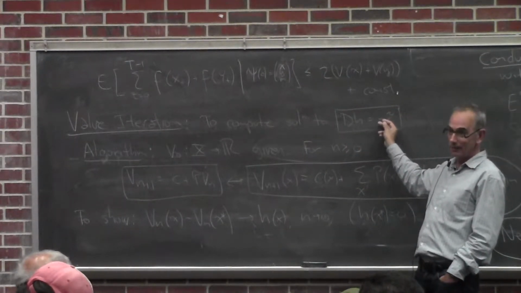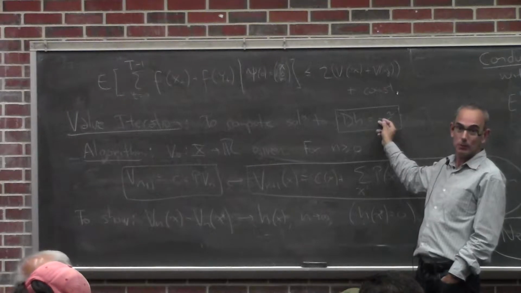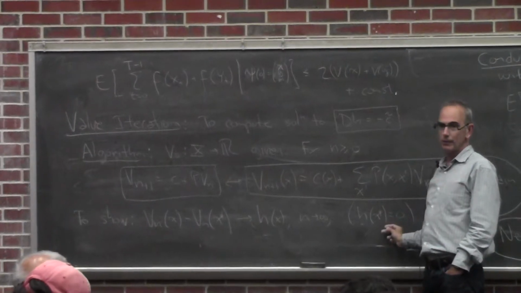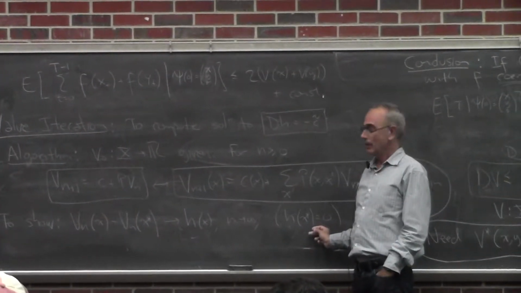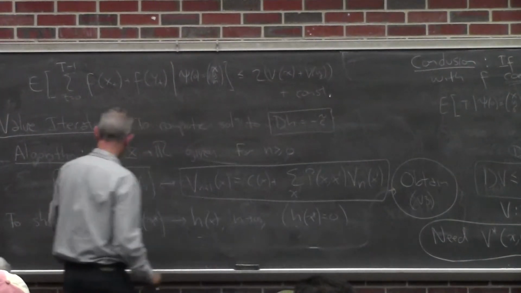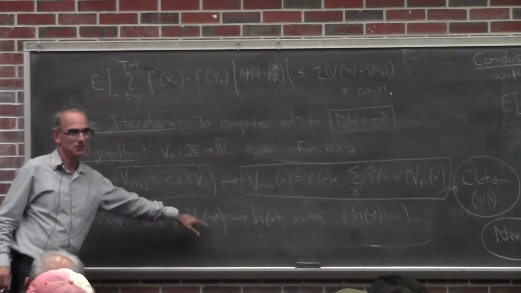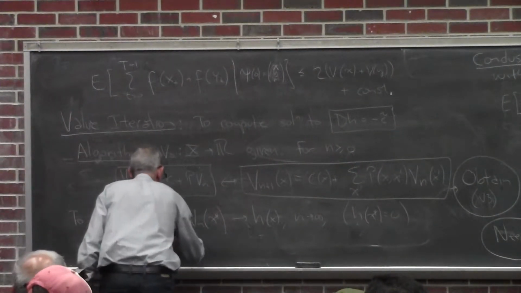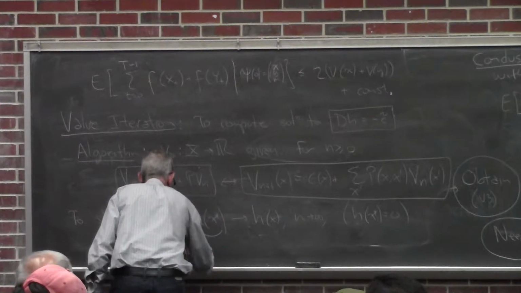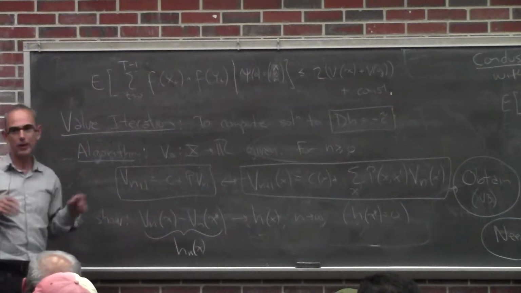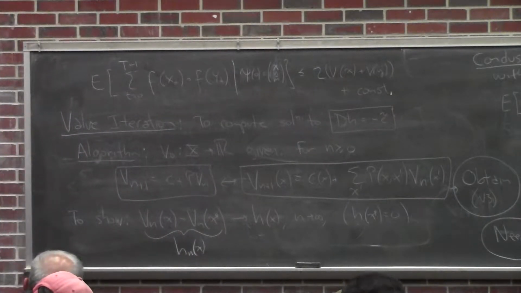But this is not unique. I can always add a constant and get a new solution. But it'll be the unique solution satisfying h of x star equals 0. Because after all, if I plug in x star, I get 0. So we might as well give that a name. Just call that hn of x. It's our candidate approximation at stage n.